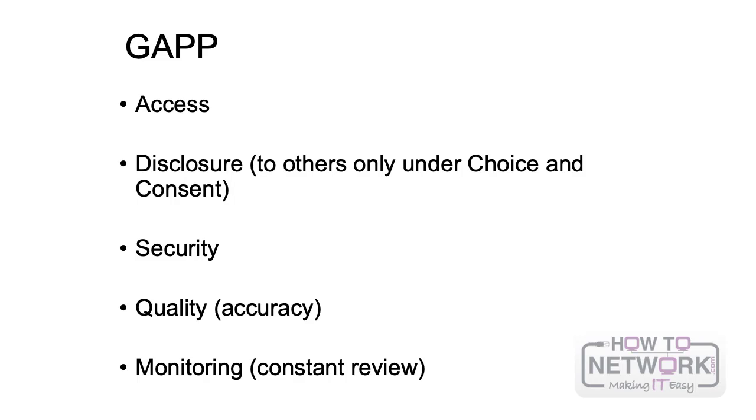The organization must be constantly monitoring how they're securing the information they have, how they're guaranteeing that the data is accurate, and that the users are in accordance with the way the information is being kept. So it monitors the other 9 practices.